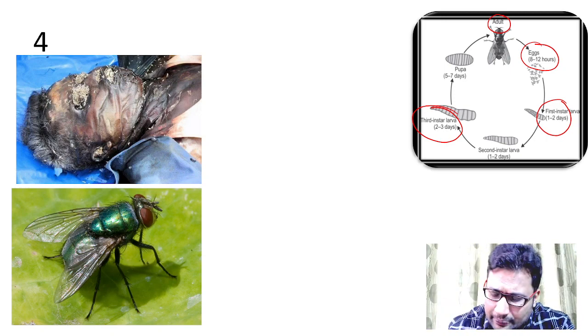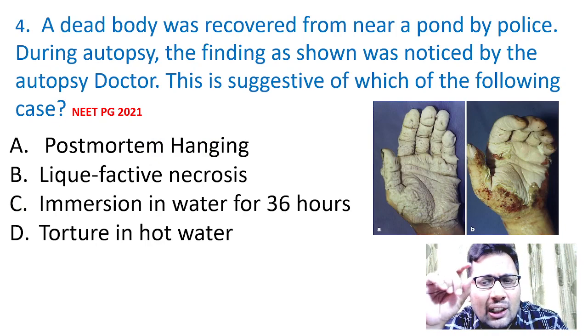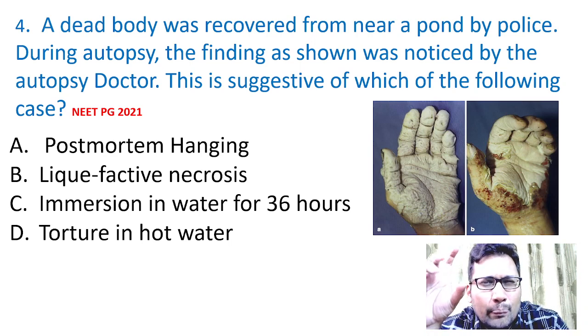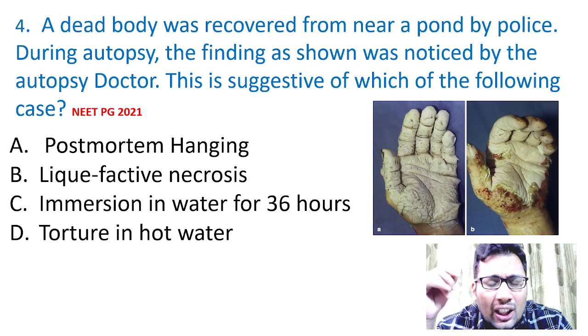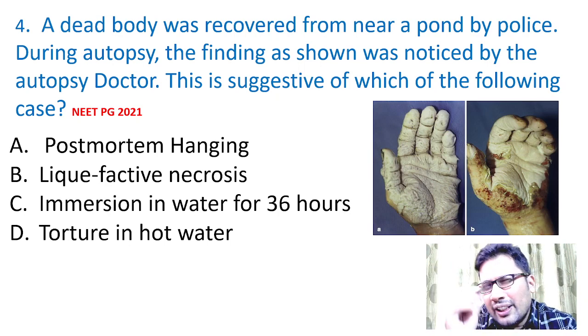Then the fourth question: a dead body was recovered from near a pond by police. During autopsy, probably a case of drowning, the finding as shown was noticed by the autopsy doctor. This is suggestive of which of the following cases? So very simple.